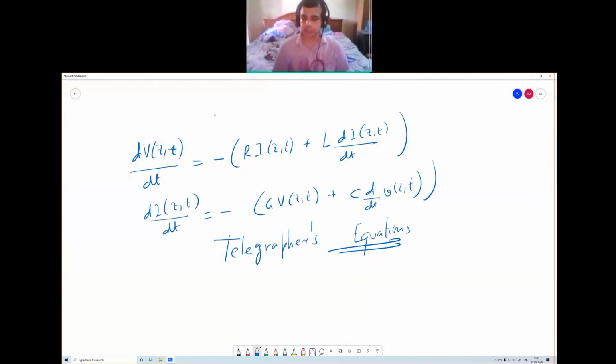Are these equations okay? Now for sinusoidal waves, if the waves are sinusoidal, then d/dt can be replaced by j omega.